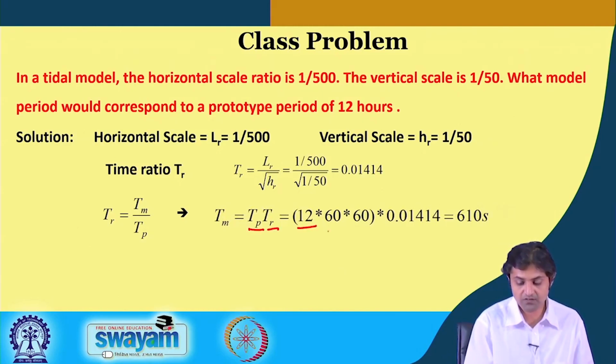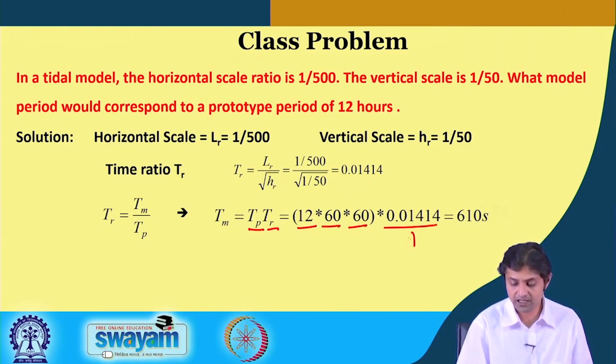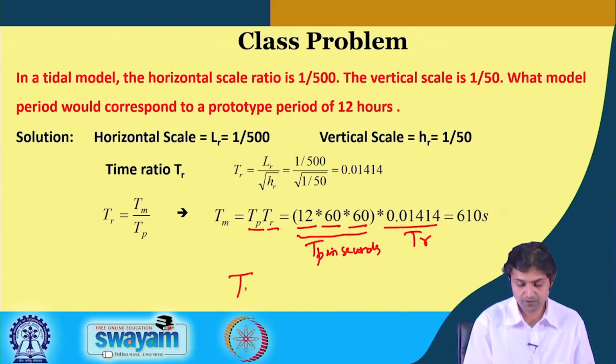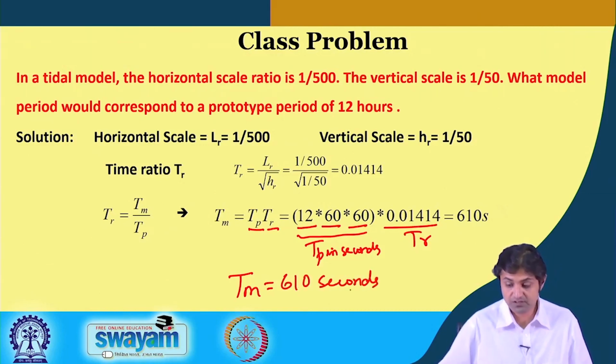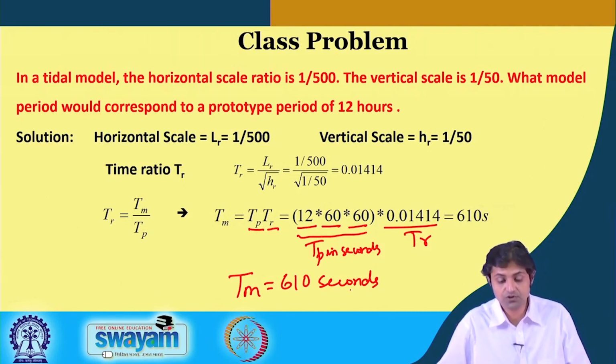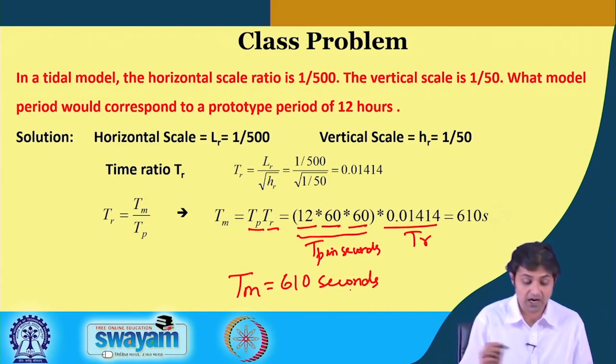Prototype is 12 hours into 60 minutes into 60 seconds multiplied by Tr, Tp in seconds, and this when you multiply it will give model time period of almost 610 seconds. So, this means a model period of 610 seconds would correspond to a prototype period of 12 hours in a tidal model.